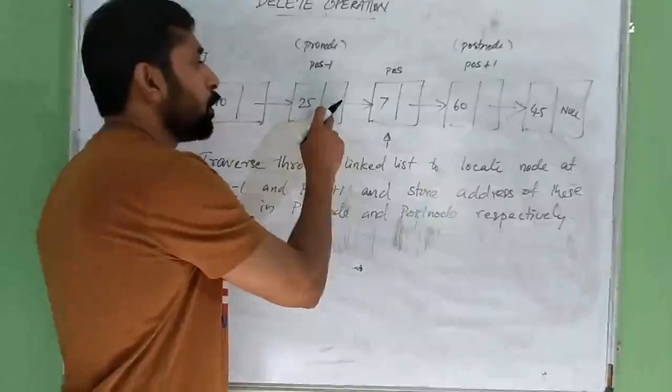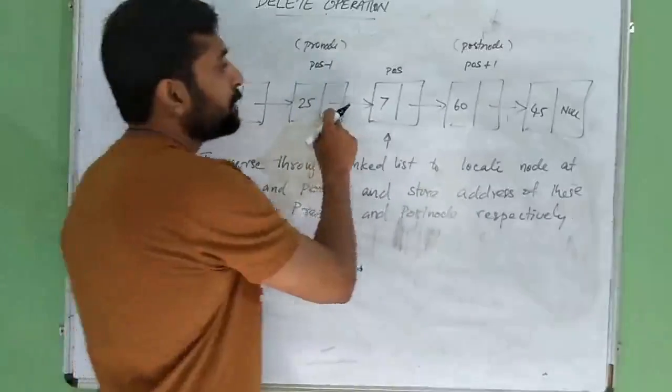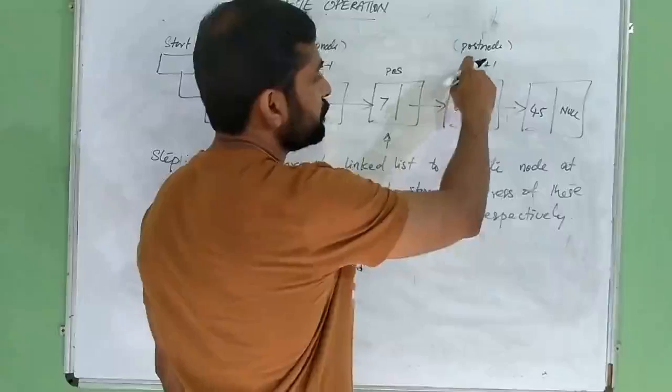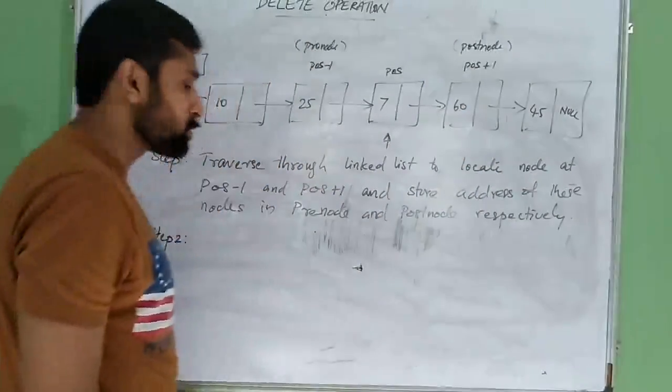We want to store the link part of pre-node with the address of node at POS plus 1.